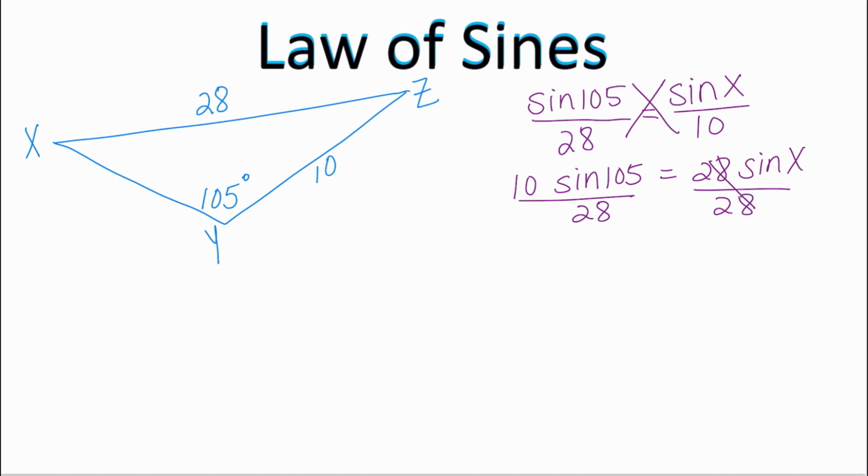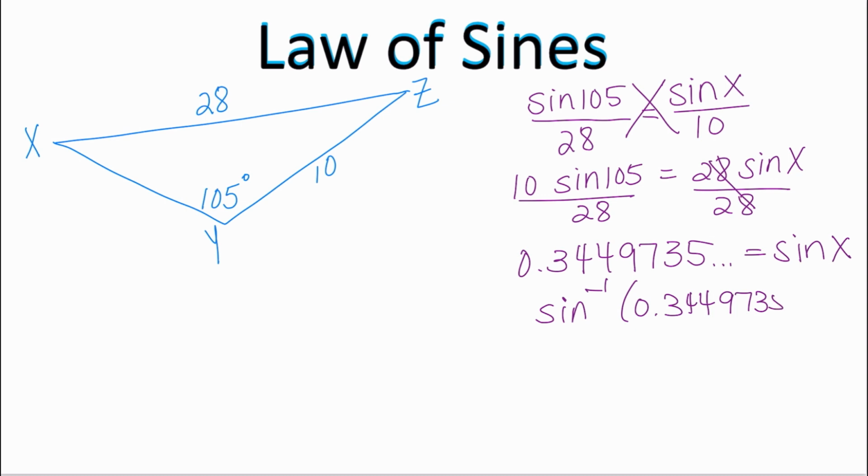You should have 9.65925826269 divided by 28. You get 0.34497 is equal to the sine of angle x. So now what you want to do is find the arcsine of that answer, and that's going to give you approximately 20.2 degrees. So this means that angle x is approximately 20.2 degrees.